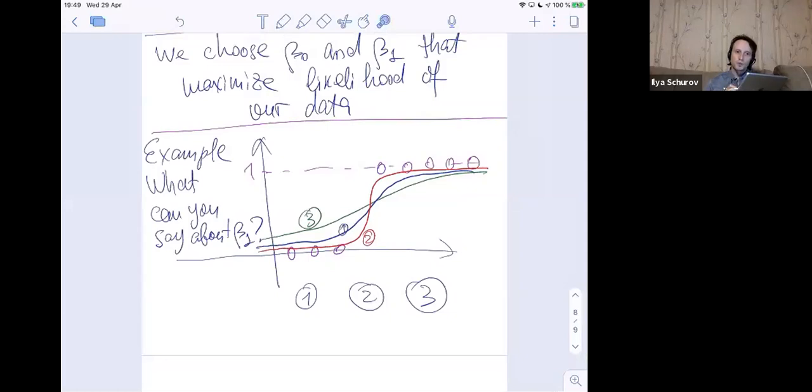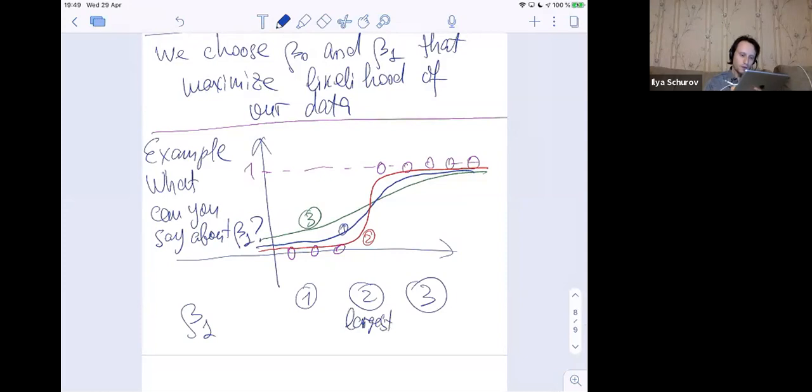Which curve corresponds to larger beta 1? Number 2, yes. This is the largest beta 1.